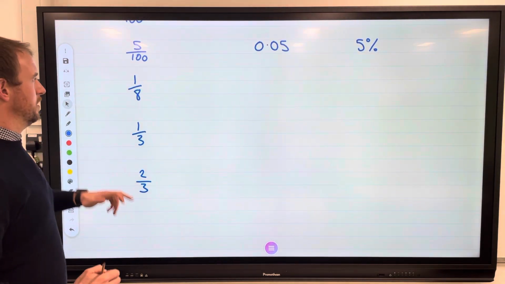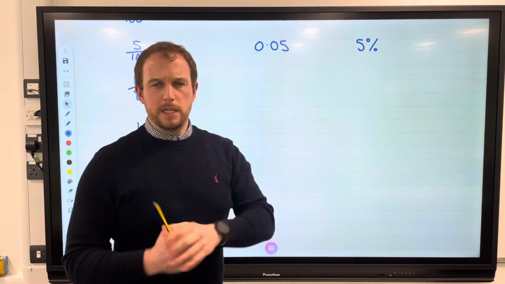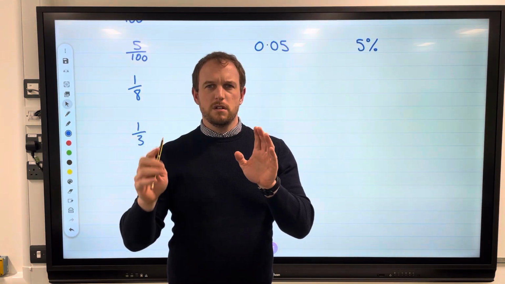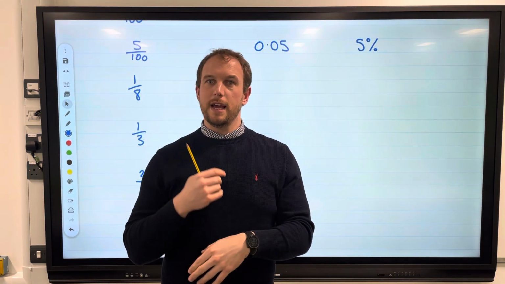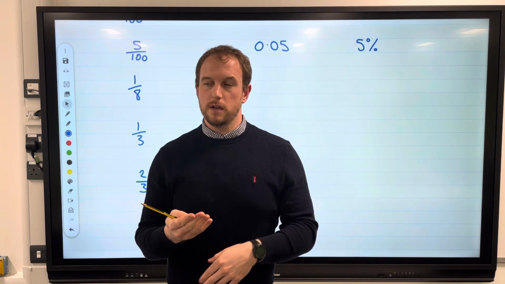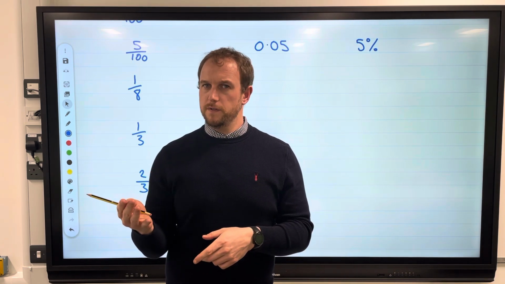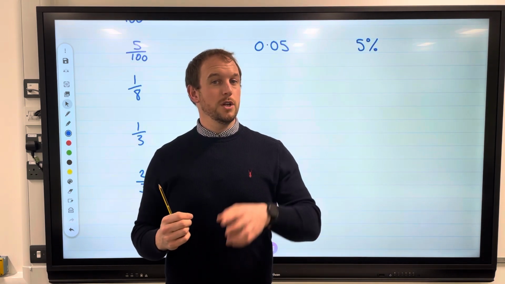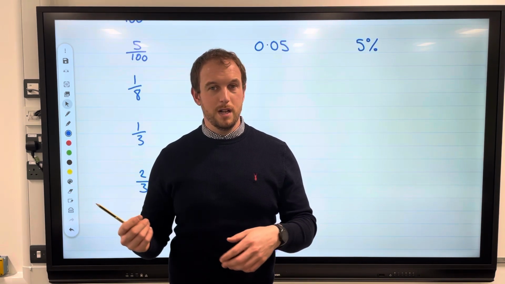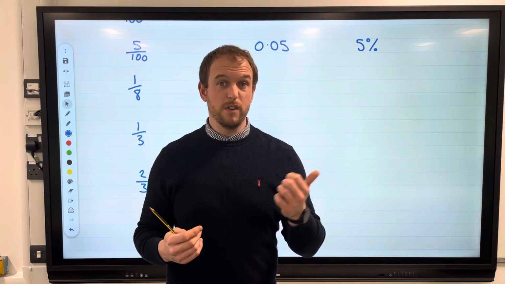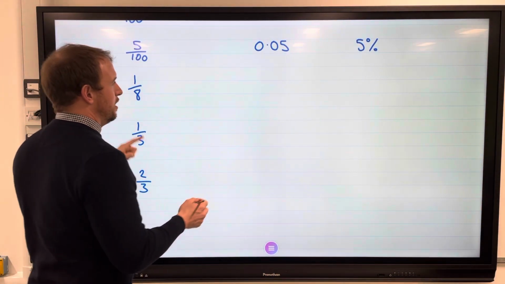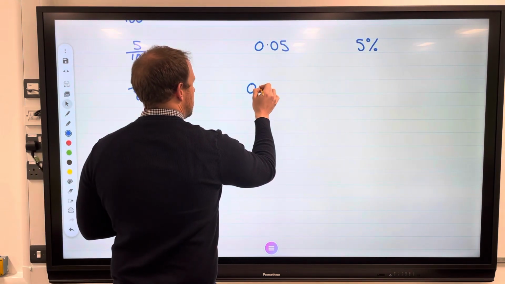Last 3 now. When we set up the pizza earlier, we have the pizza, we chop it in half, we have 2 halves. Chop that in half, we then get quarters. Remember a quarter was 0.25. Now I've got an eighth. What's the relationship between a quarter and an eighth? Well, an eighth is half of a quarter. So an eighth must be 0.